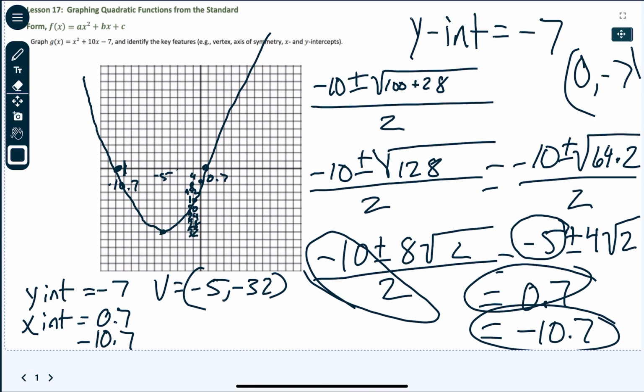You can actually figure out the vertex by looking at it, if you remember the vertex formula: the opposite of B over 2A when it's in standard form. Solve for x to get our x-intercepts, and you got everything you need to graph it. Look at which way it's opening up by looking at the leading coefficient, and you're done.